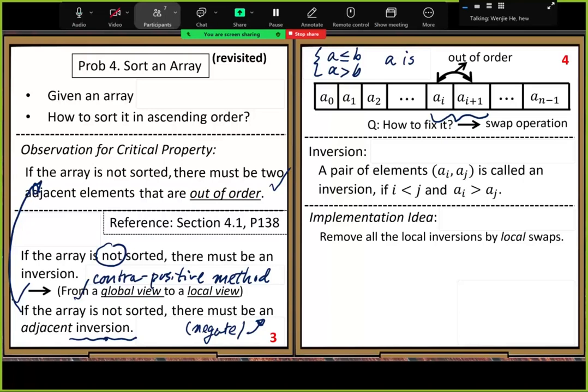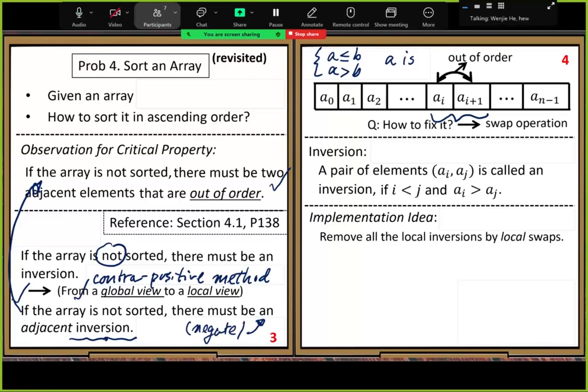If you can remove all the local inversions, you get the whole array sorted. That means after the swap operations, there is no local inversion, and you get the whole array sorted. So that's simple.